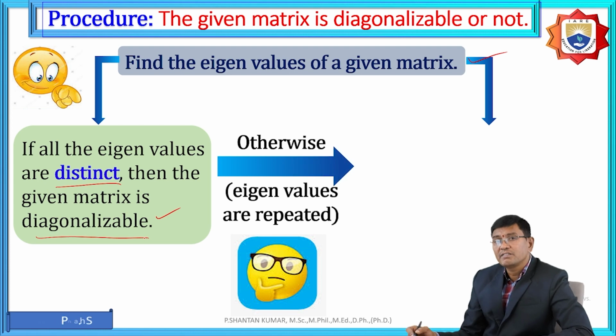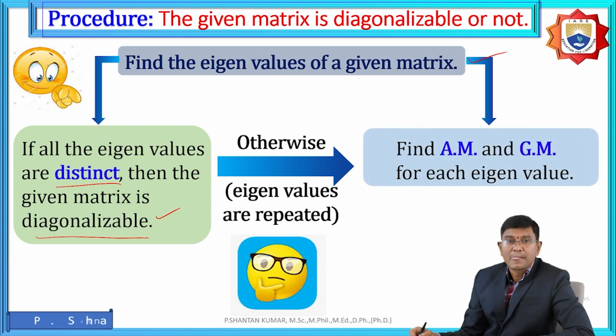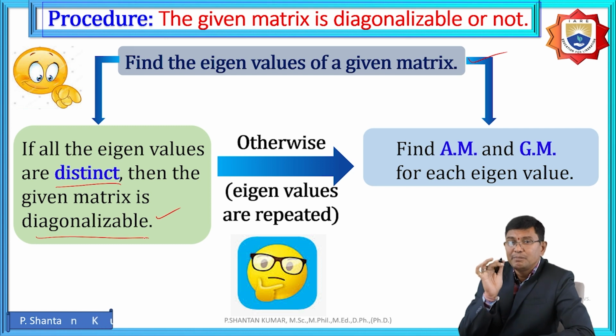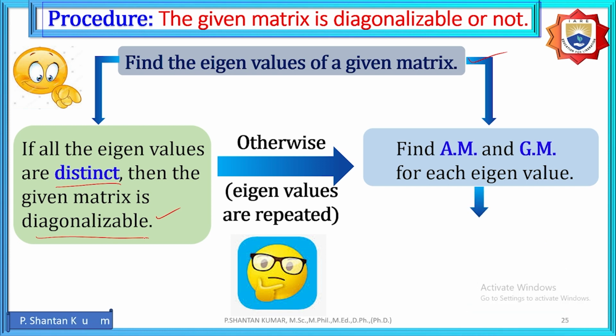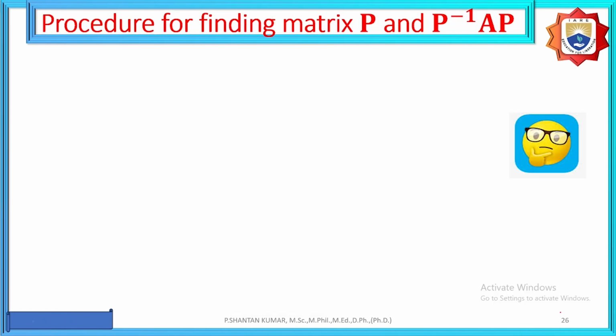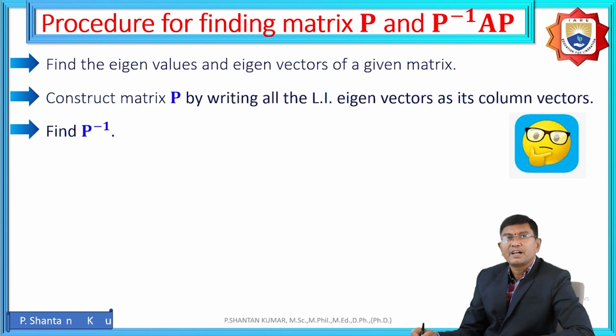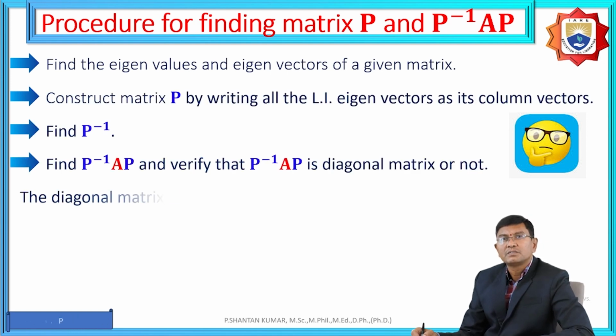If sometimes the eigenvalues are repeated, then we need to find the algebraic multiplicity and geometric multiplicity of that particular repeated eigenvalue only. If AM and GM are both the same, then it is diagonalizable. If AM is not equal to GM, then it is not diagonalizable. This is the procedure for finding P inverse.